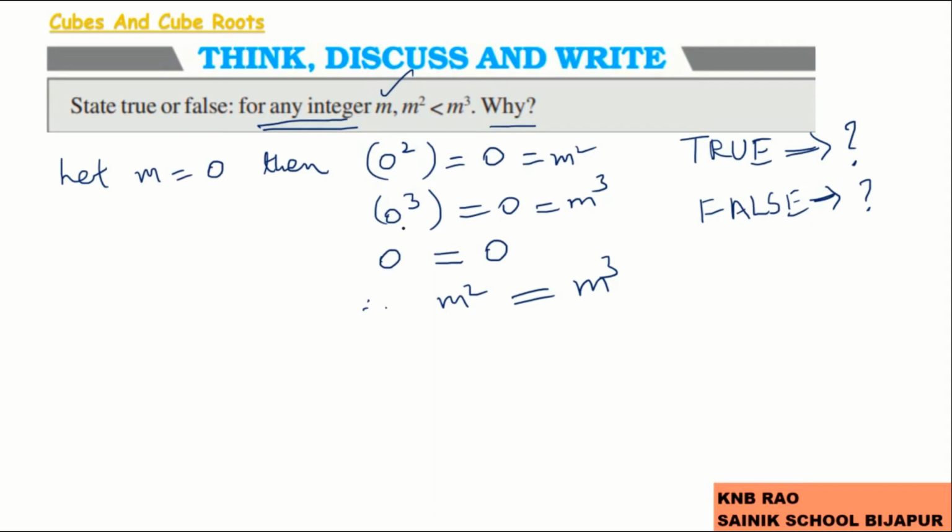Okay, so the statement is getting disproved, isn't it? With just m equals 0, you could identify that m square is equal to m cube, but not m square less than m cube. So it's not.